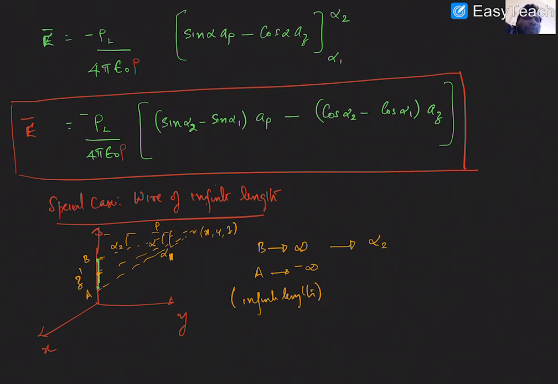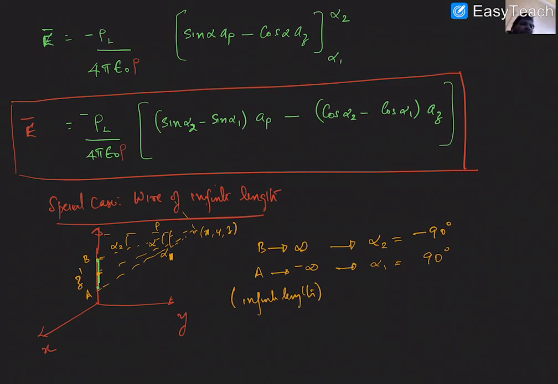So what will happen to alpha 2? Alpha 2 will tend to minus 90 degrees. Okay, because you have to view the point like this. So finally it will increase and finally it will become 90 degrees. And what will happen to alpha 1? If A is at minus infinity, alpha 1 will be approximately equal to 90 degrees.